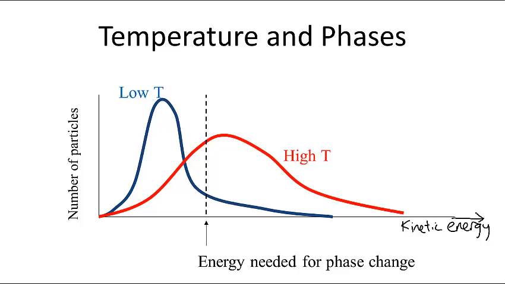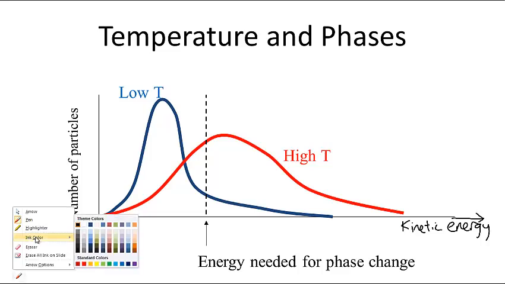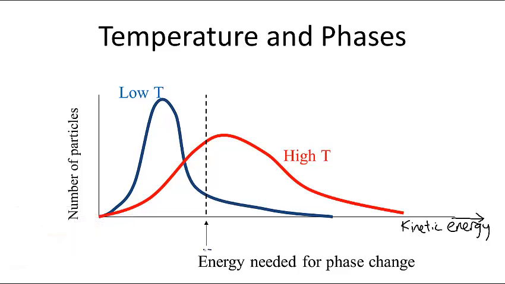Based on the intermolecular attractions, there's going to be a certain amount of energy required to overcome them and for the molecules to undergo the phase change. So this energy that's required for phase change is based on the strength of the intermolecular attractions.